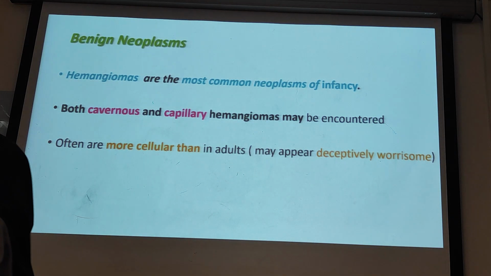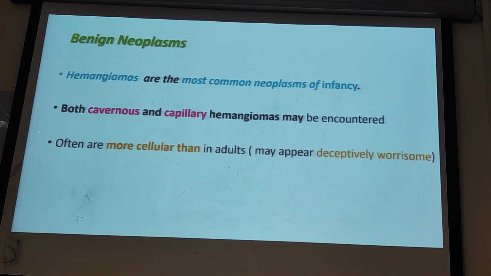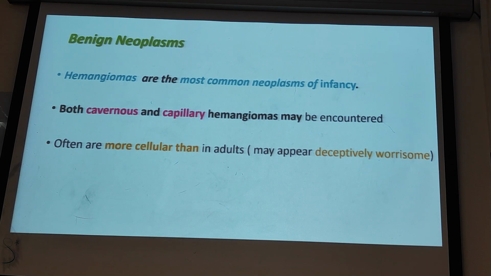Hemangiomas are the most common neoplasm of infancy. Okay. The most common neoplasm of infancy is hemangioma.